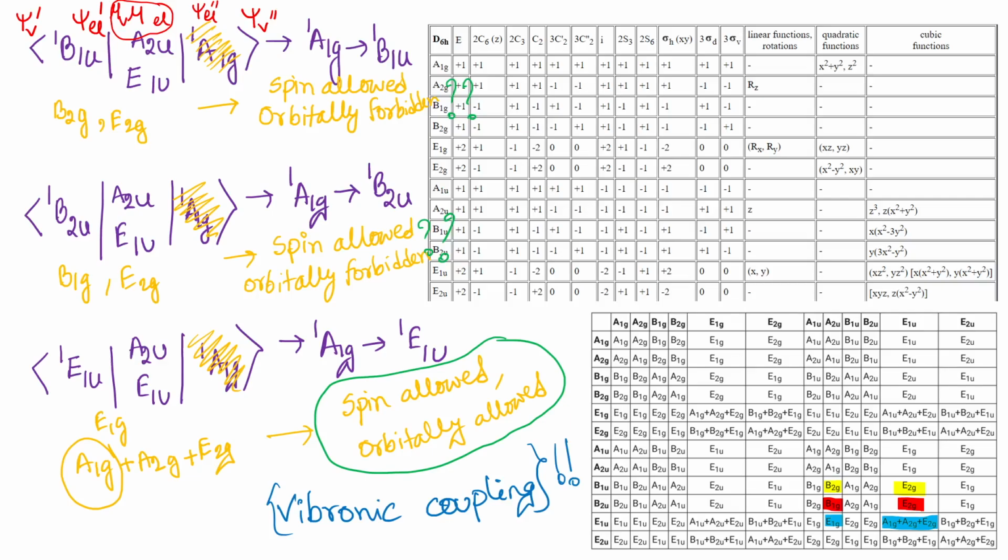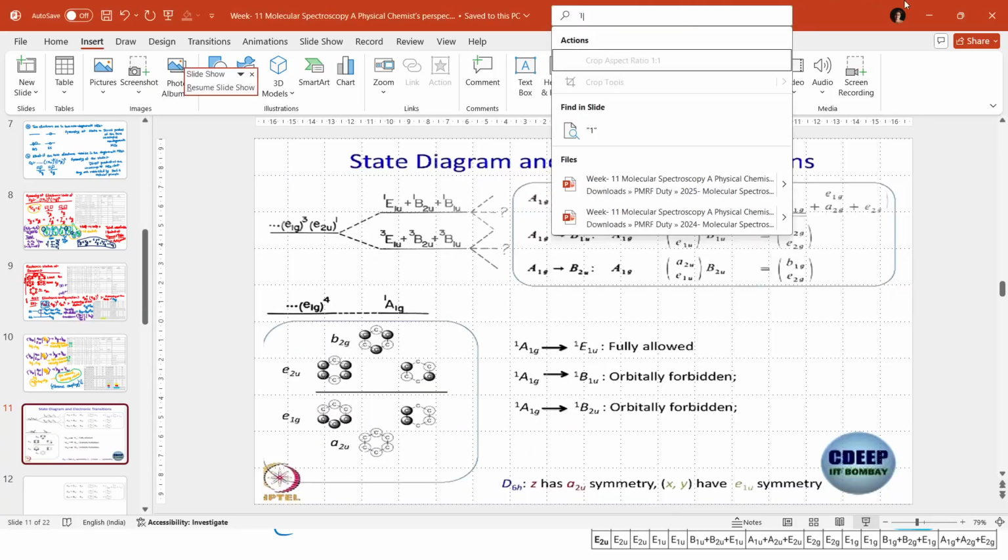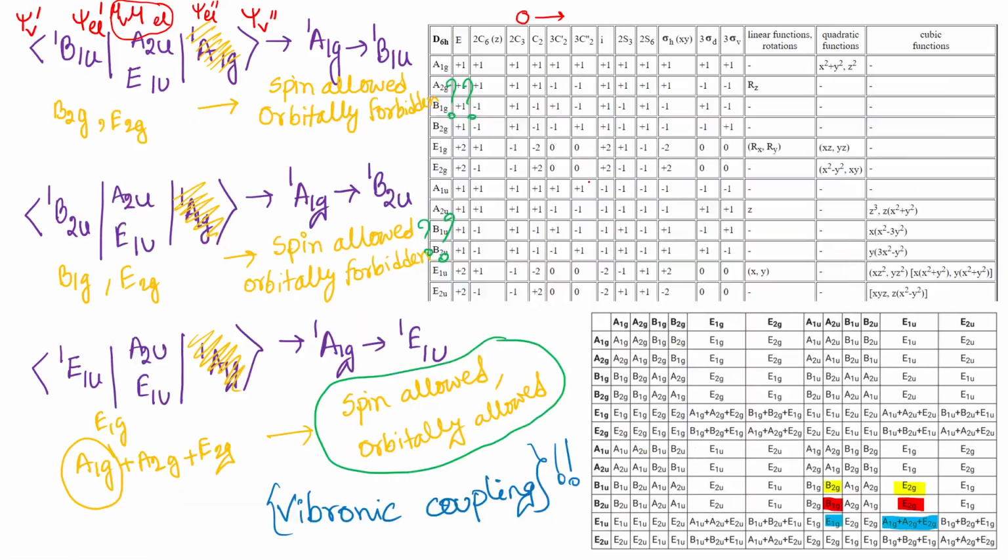But you can see that we have already got psi electronic dash, mu dash, and psi electronic double prime. And we know your vibrational transition is going to take place from 0 to 1. Why? Your 0 has the maximum population, and it can go to 1, 2, 3 anywhere. So maybe I can write 1 dash, 2 dash, 3 dash, 0 dash. So psi v 0 dash, you already know that is also A1g.